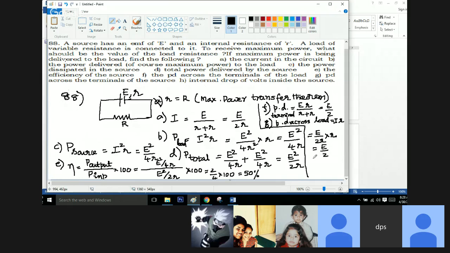Then one more is there, H. Internal drop. What is the drop value? Internal drop. Drop is nothing but lost volts. Lost volts is nothing but I into small r. It is E by 2r. That is E by 2 only.